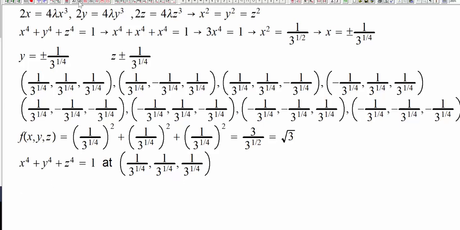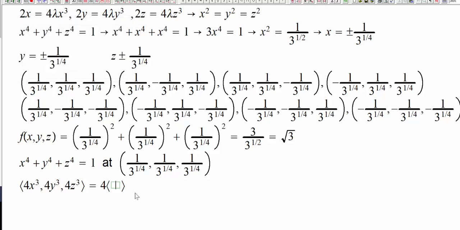We know what the gradient is: 4x cubed, 4y cubed, and then 4z cubed, all right, which is, we can factor 4 out, and the gradient simply gives us the normal vector, so we may not bring the 4 in.